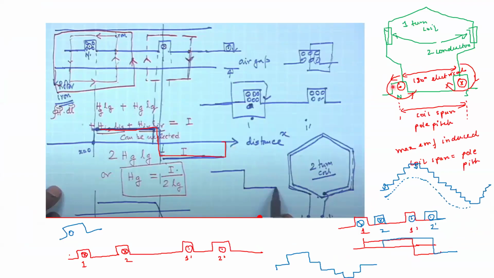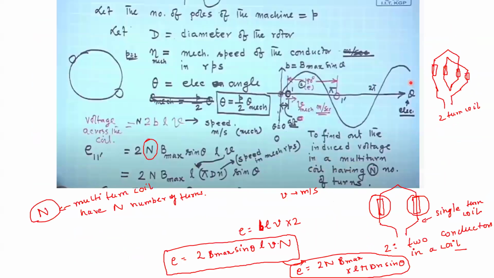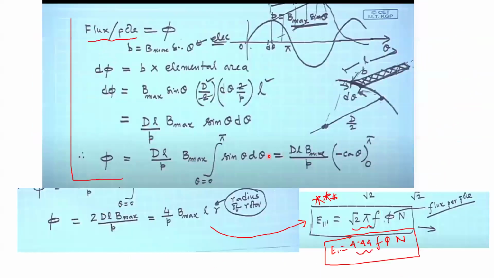Under one pole, you will see that 180 electrical degrees are there. So we are trying to integrate over that. If we integrate theta over 0 to pi, because under one pole there are 180 degrees electrical, we will get the value of phi as this.